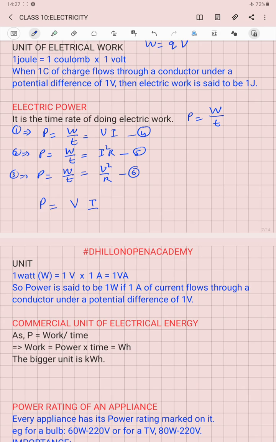But 1 watt hour is a very small unit, so the bigger unit of electrical energy that is used is known as 1 kilowatt hour. We already know 1 kilowatt hour is equal to 3.6 into 10 raised to power 6 joule, or 3.6 megajoule.